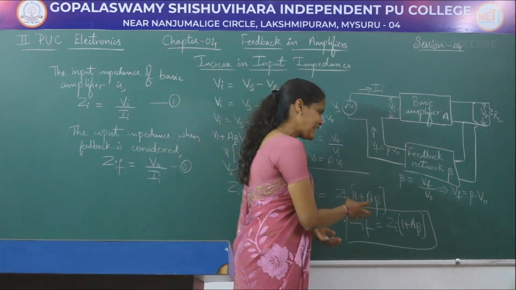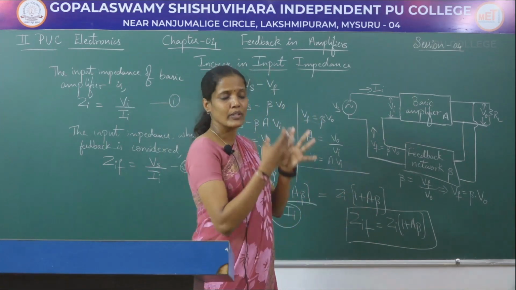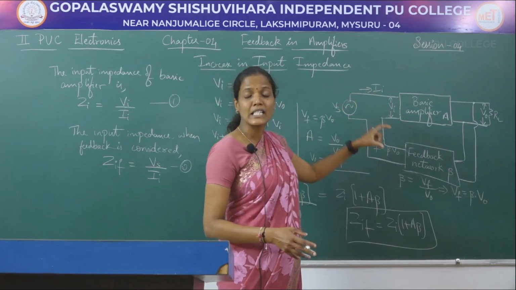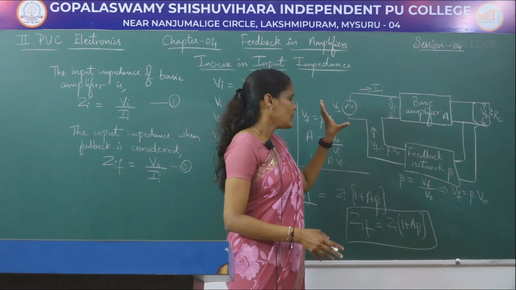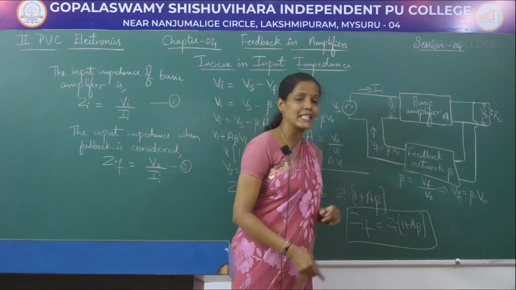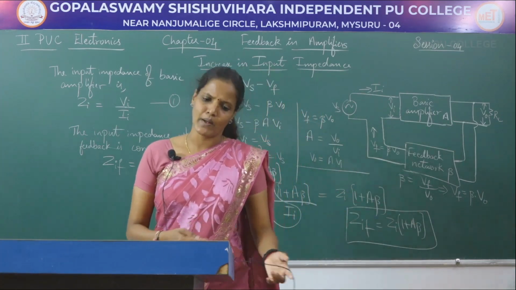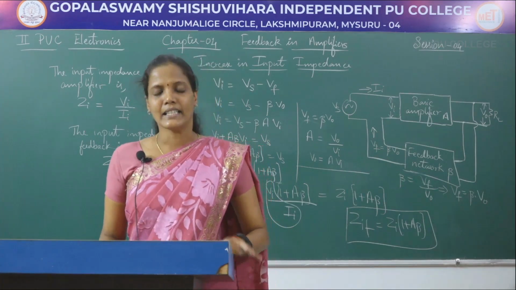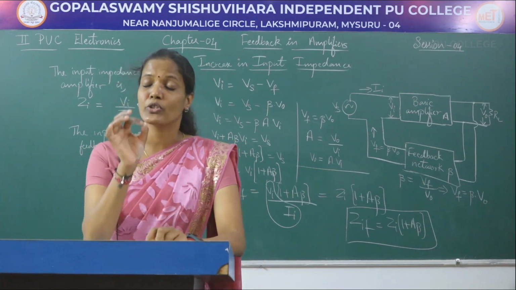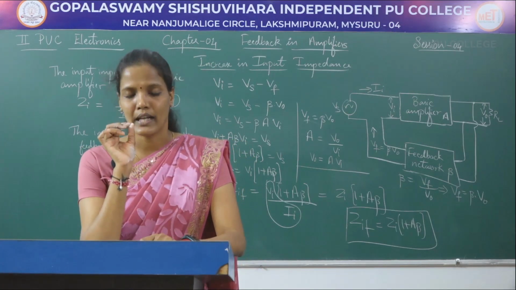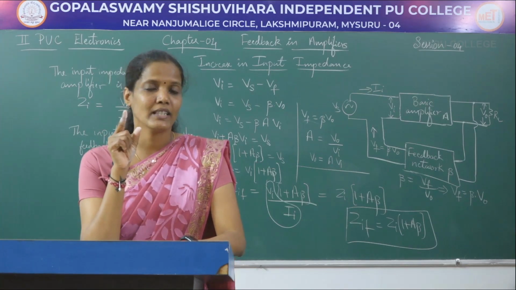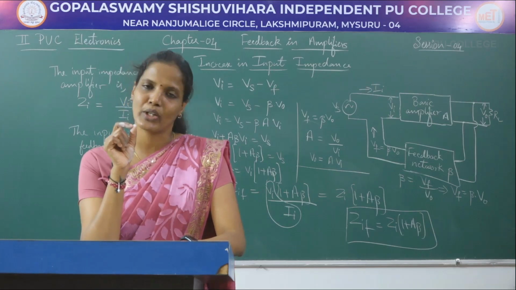So, if I want to increase the input impedance of a given amplifier circuit, then we have to use the negative feedback amplifier, and by doing so the input impedance of a feedback amplifier circuit will be increased by a factor of 1 plus A beta. So, in order to increase the input impedance of an amplifier circuit, we have to consider a voltage series negative feedback circuit.